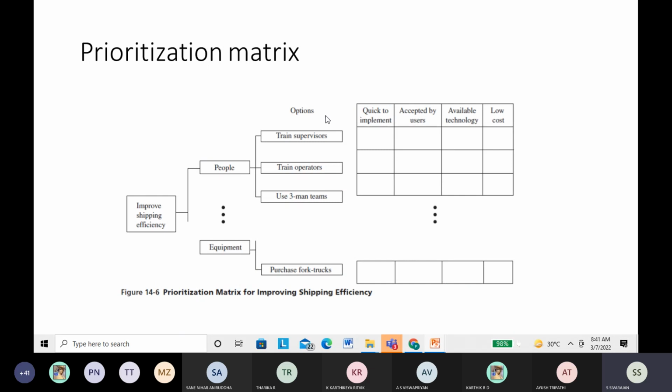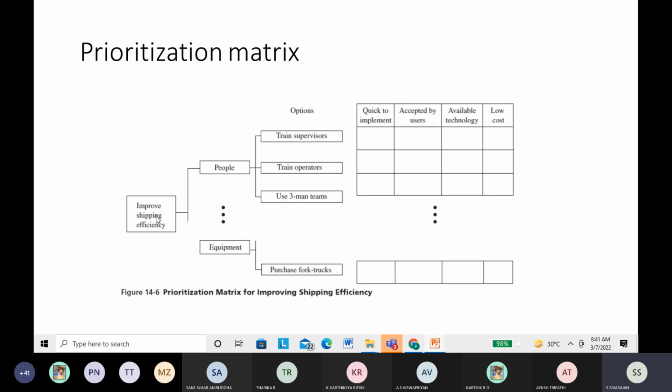Whereas in prioritization, we are trying to prioritize. In this case, improving the shipping efficiency, just like the previous example, people and equipment are the major causes, and then there are options. If it is people, you have to train the supervisor. Now we have the objective, which is to improve the shipping efficiency.